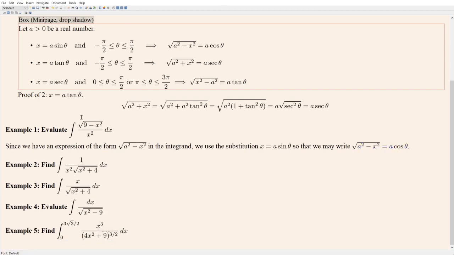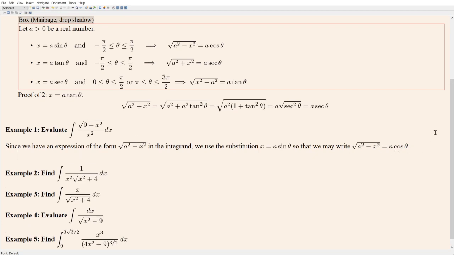Because then, if we replace this term with a cosine, one would hope that it ends up being easier to work with. In our case, a squared is equal to 9, so that means a is going to equal 3. So let's let x equal 3 sine theta.